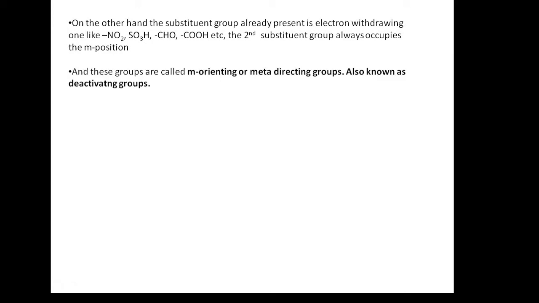On the other hand, when the substituent already present is electron withdrawing, like nitro group, sulfonic group, aldehyde group, carboxylic group, etc., the second substituent always occupies the meta position, and hence these electron withdrawing groups are called meta orienting or meta directing groups, and also they may be deactivating groups.